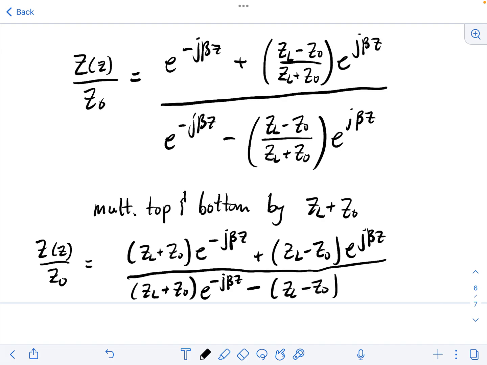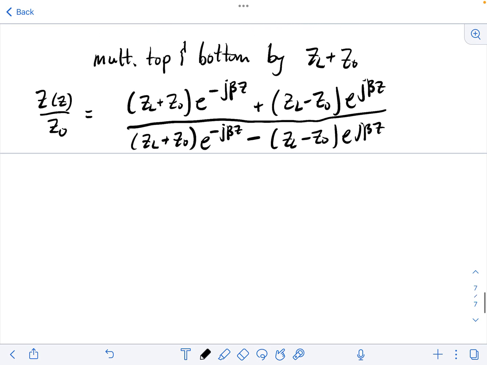Okay, good. So what we'll do is now we have things collected in terms of things multiplying the same exponential. What I'd like to do is to collect terms that have ZL and terms that have Z naught. So in the numerator, we have ZL multiplying e to the plus j beta z plus e to the minus j beta z.